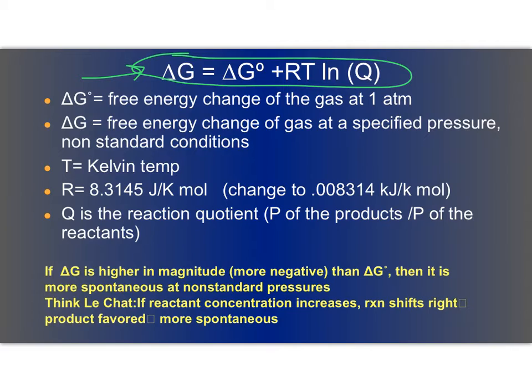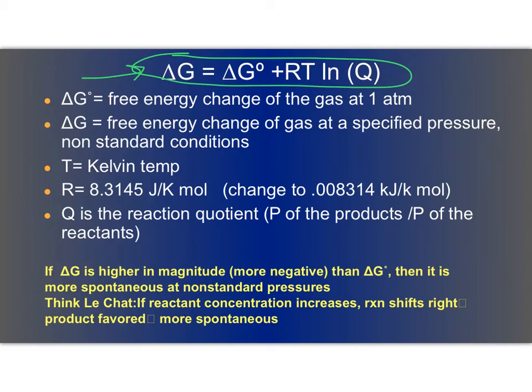And we will be adding that to a product where we will be multiplying R, which notice is 8.3145 joules per Kelvin mole, times temperature, which must be in the Kelvin scale, times the natural log of Q. Remember, Q is the reaction quotient, and that is a ratio of the partial pressures of the products over the reactants.